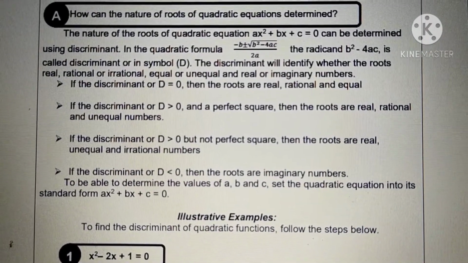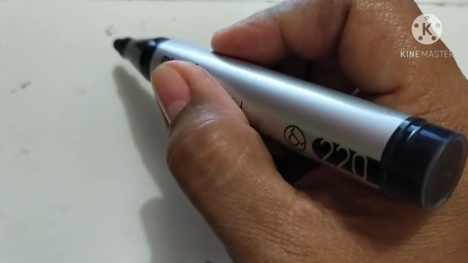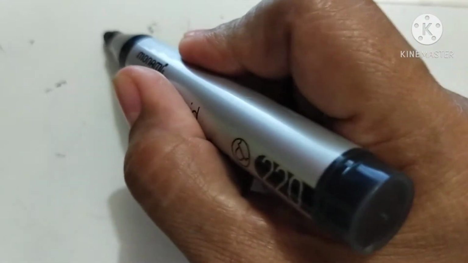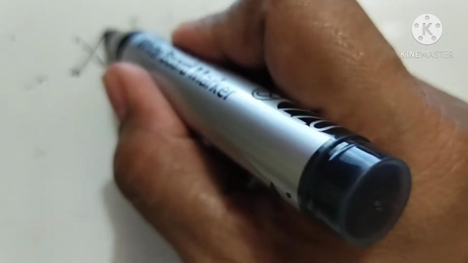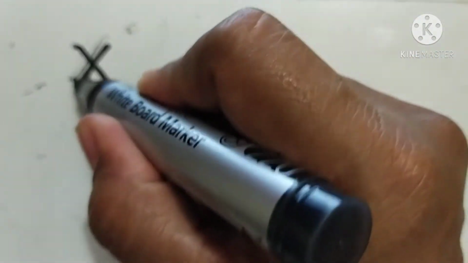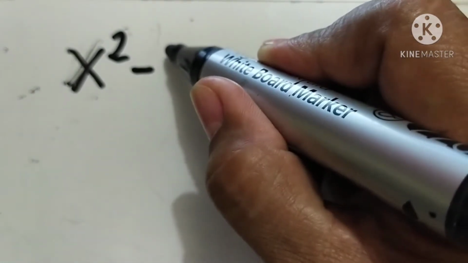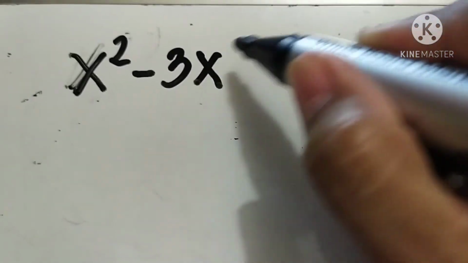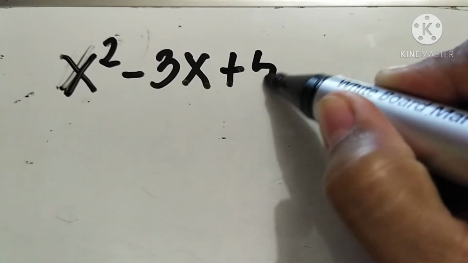Okay, let's have an illustrative example of how to determine the nature of the roots. Okay, our given equation is x squared minus 3x plus 5.